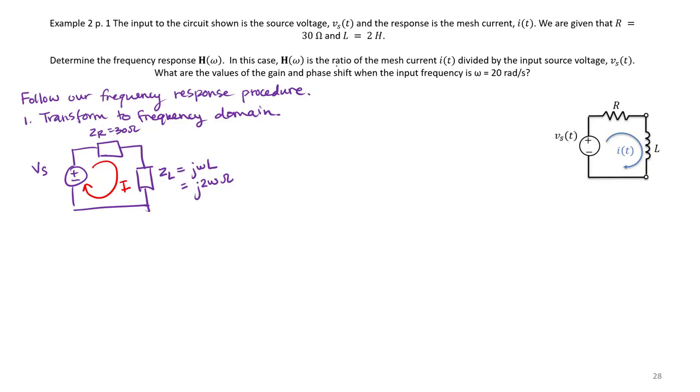So our second step is to identify the input and the response. And so in this case, our input is Vs, and our response is our current I. Do we know how to calculate our current I, given Vs and our impedances? Yeah, notice we do, right?